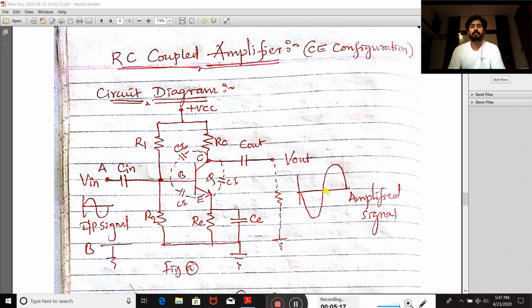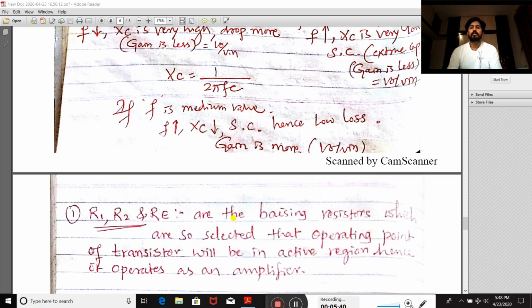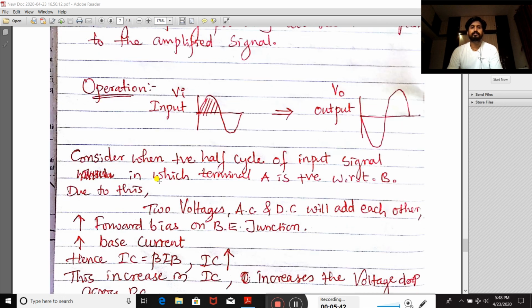Now the question comes: for this positive signal at the input side, why are we getting a negative signal? That is basically because of this transistor; when you connect it in the common emitter configuration, it produces a 180 degree phase shift. But still we can explain with the help of this analogy.